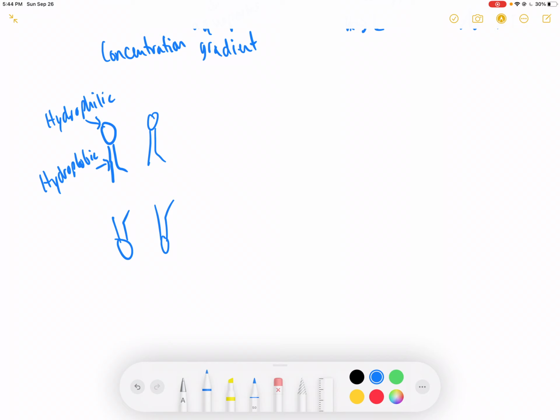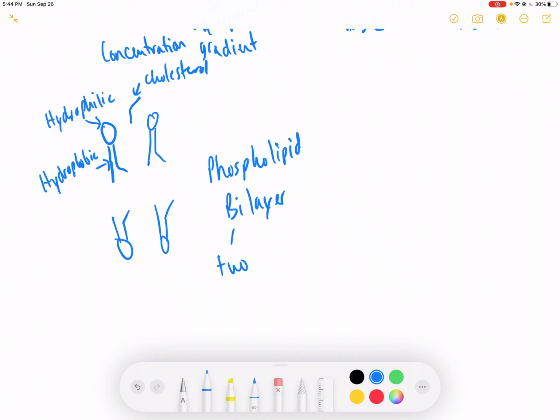We also have cholesterol built in to stabilize the cell membrane. And it's a phospholipid bilayer. Remember, this means 2 layers. Hence why 2 layers. Alright?